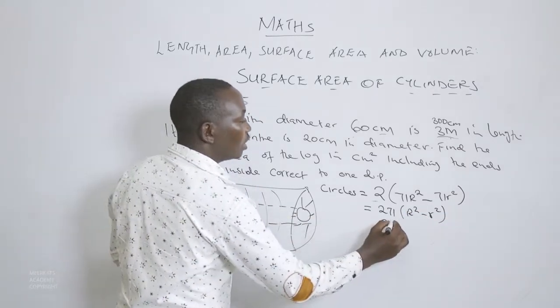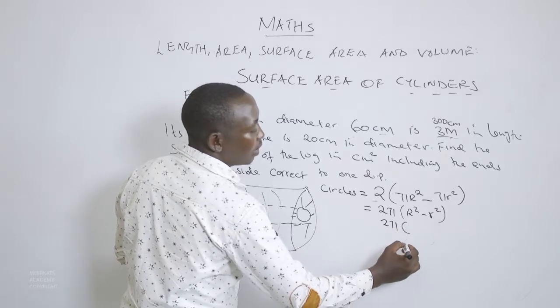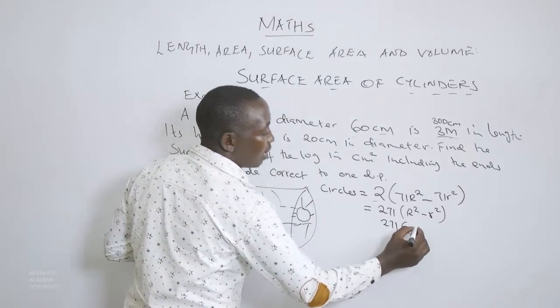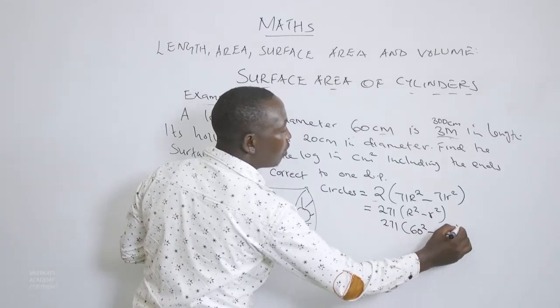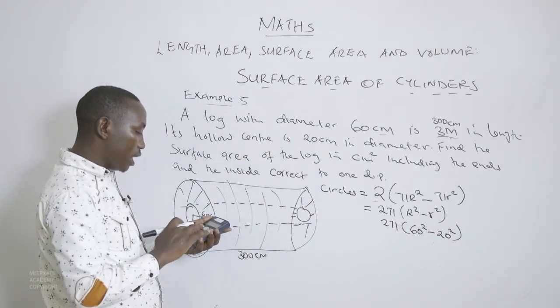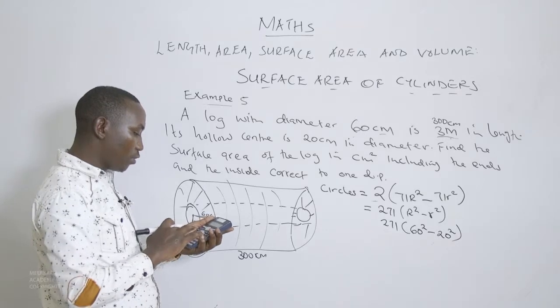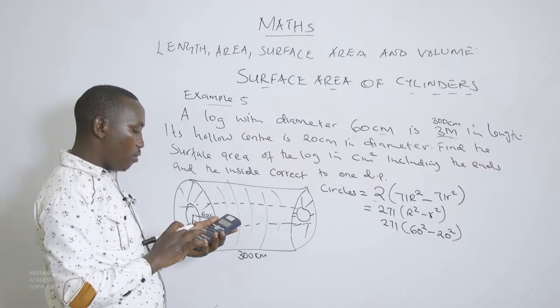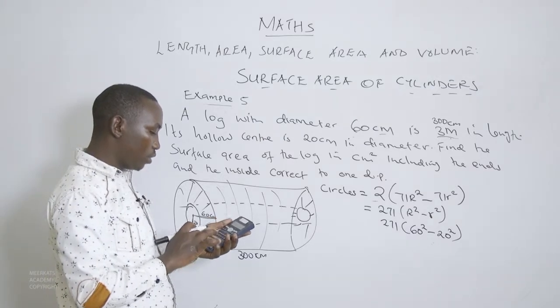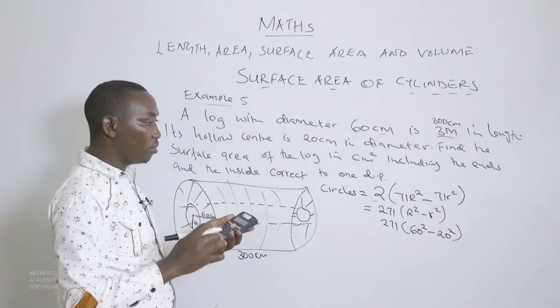So when you make the replacement, this shall be 2 pi into capital R is 60, so 60 squared subtract small r, which is 20 squared. When you take the square of 60, you subtract the square of 20, you'll get 3,200 multiplied by 2 multiplied by 22 over 7, which is pi.